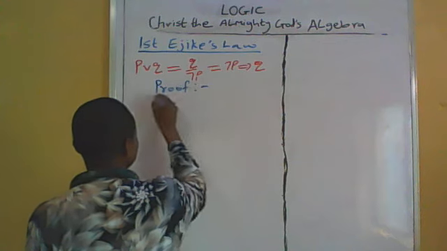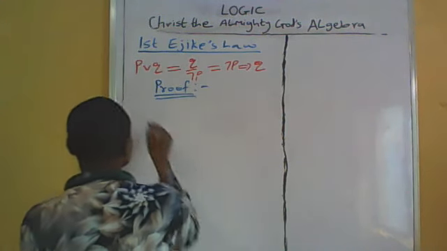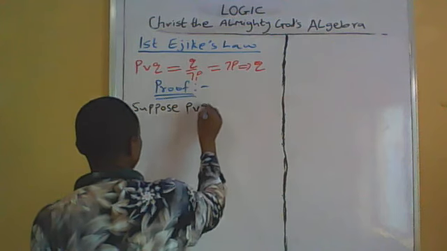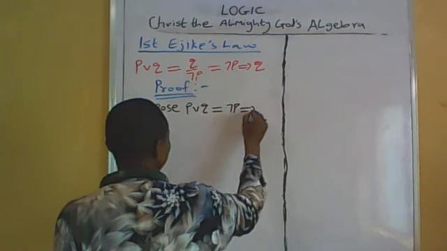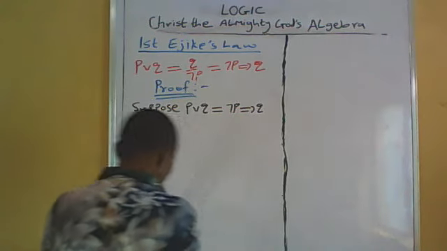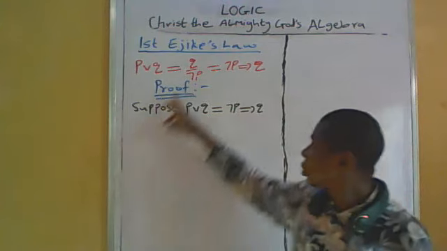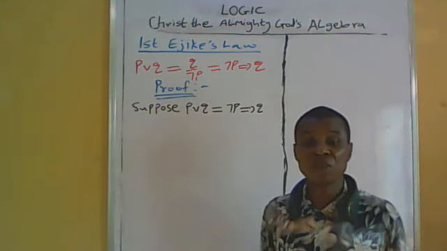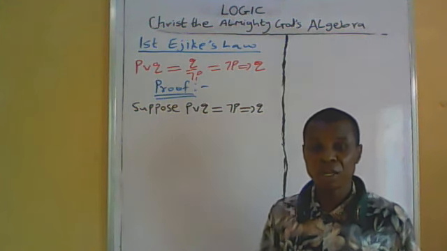Proof. Suppose P or Q is equal to not P implies Q. We actually remove Q upon not P to avoid tautology and also to manage our space.